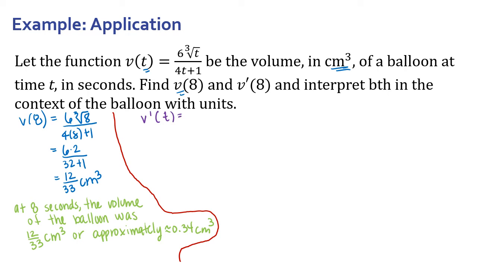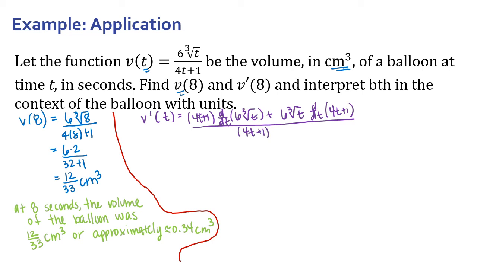Okay, so it's going to be the denominator times the derivative of the numerator plus the numerator times the derivative of that denominator, all over that denominator squared.